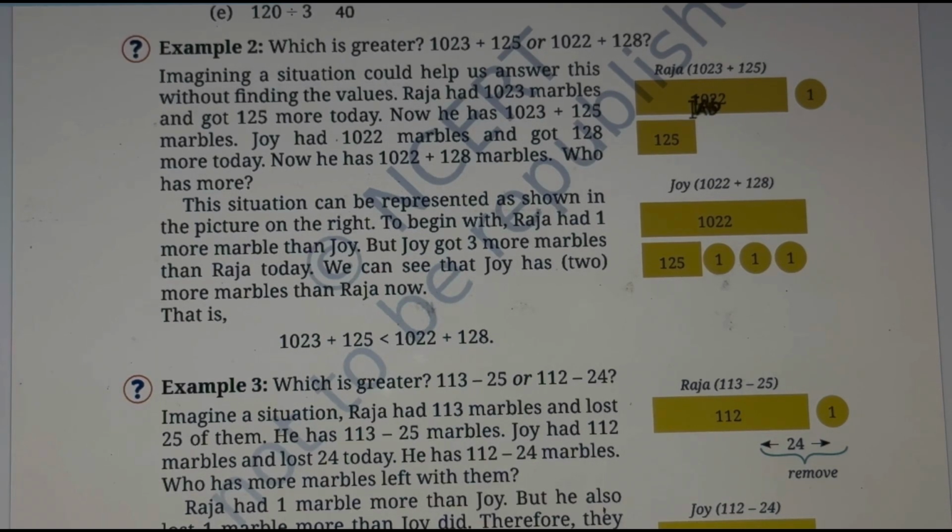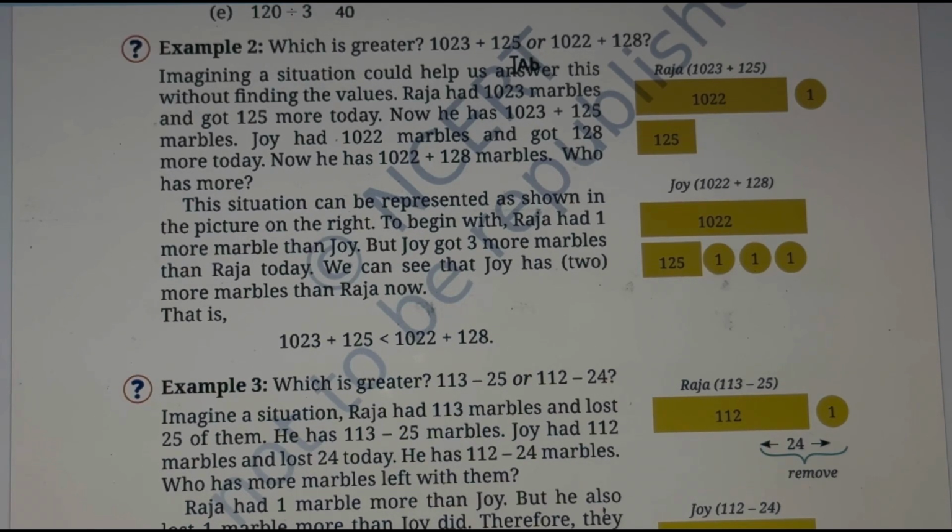To begin with, in the picture on the right, Raja had more than Joy. If we first compare the marbles they originally had, Joy had 1022 and Raja had 1022 plus 1 more than Joy. Correct? But now compare how many they got.